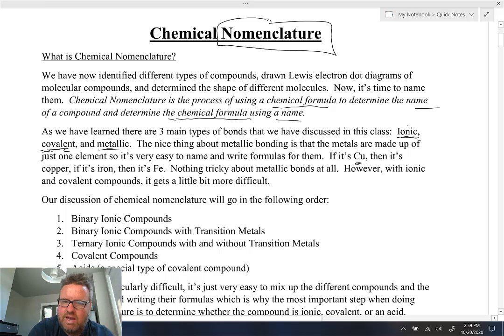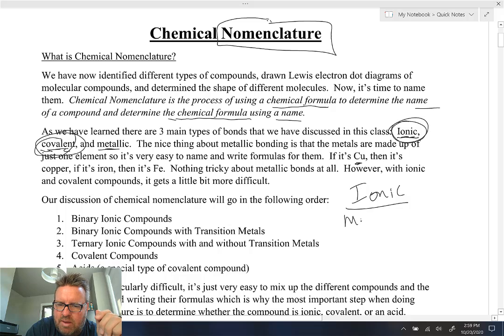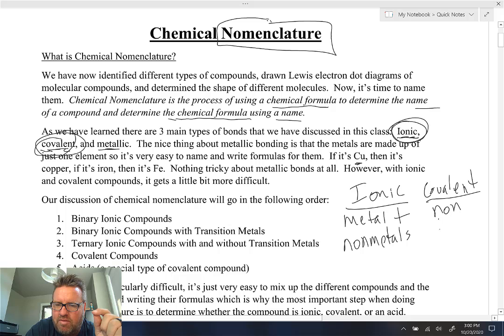There's nothing really tricky about metallic bonds at all. What we're going to have to do some work on is ionic, and then covalent. So remember that an ionic compound is typically made up of a metal plus one or more non-metals, whereas covalent compounds are made up of all non-metals.